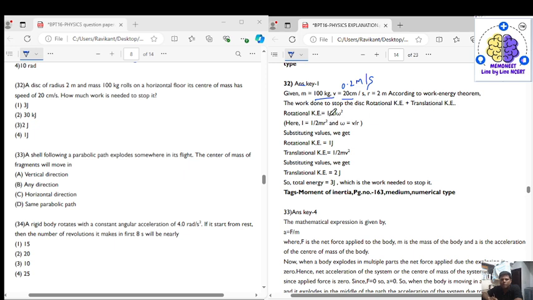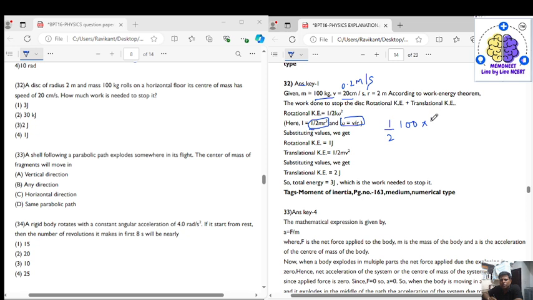So rotational kinetic energy equals half I omega square. For a disk, I is equal to half mr square, and omega is equal to v by r, right? Putting the values, we get half into m, which is 100, into r square.